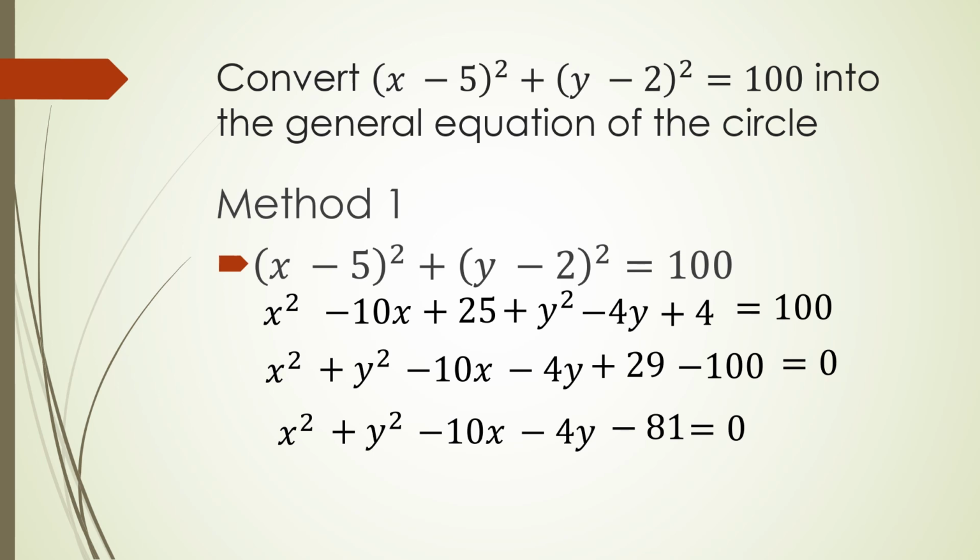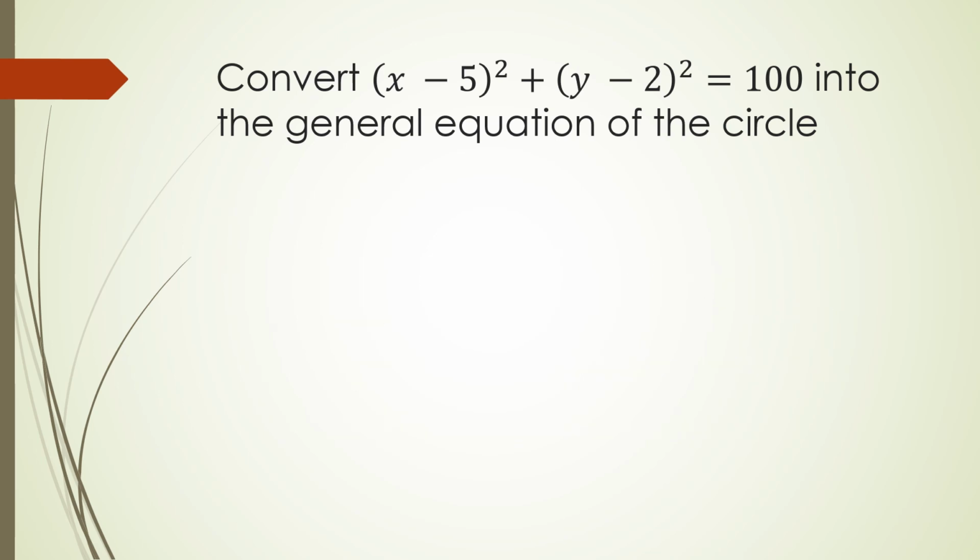And the other method that we could use, as I have said a while ago, is the general equation of the circle as x² + y² + dx + ey + f = 0, wherein d = -2h, e = -2k, and f = h² + k² - r².